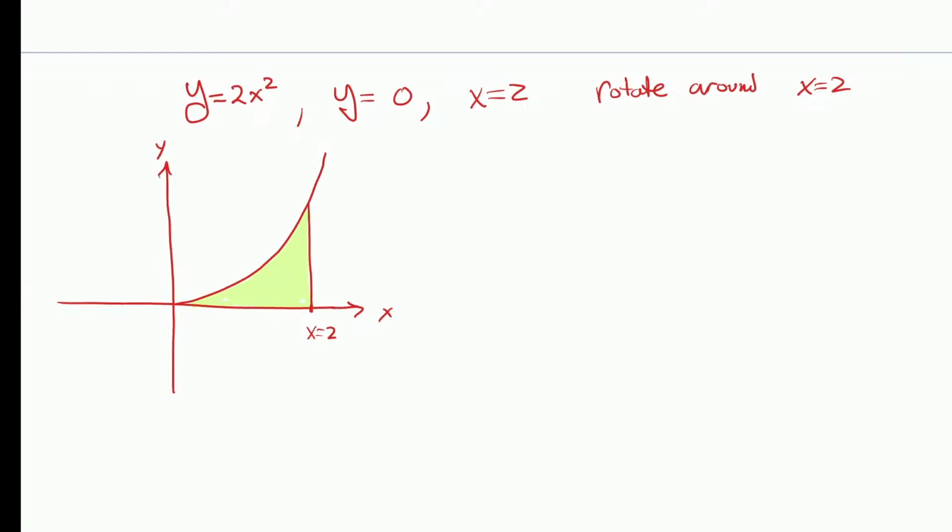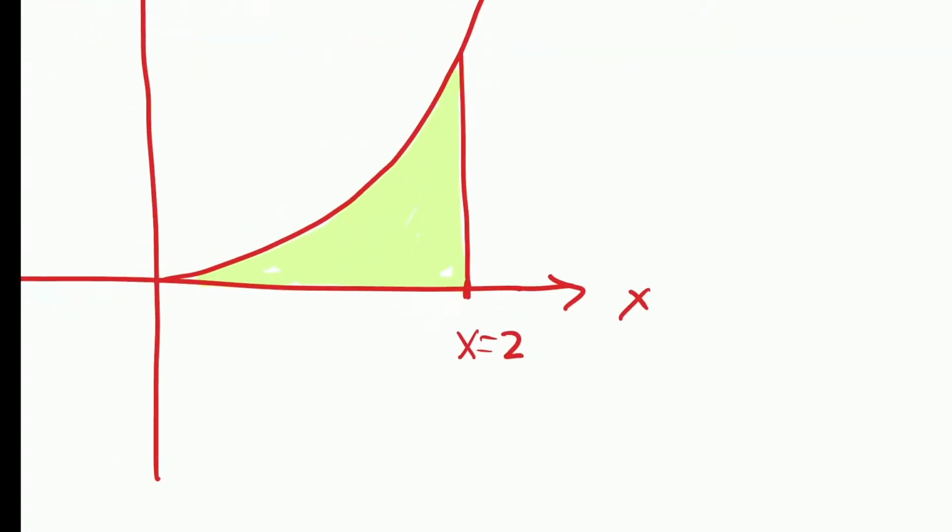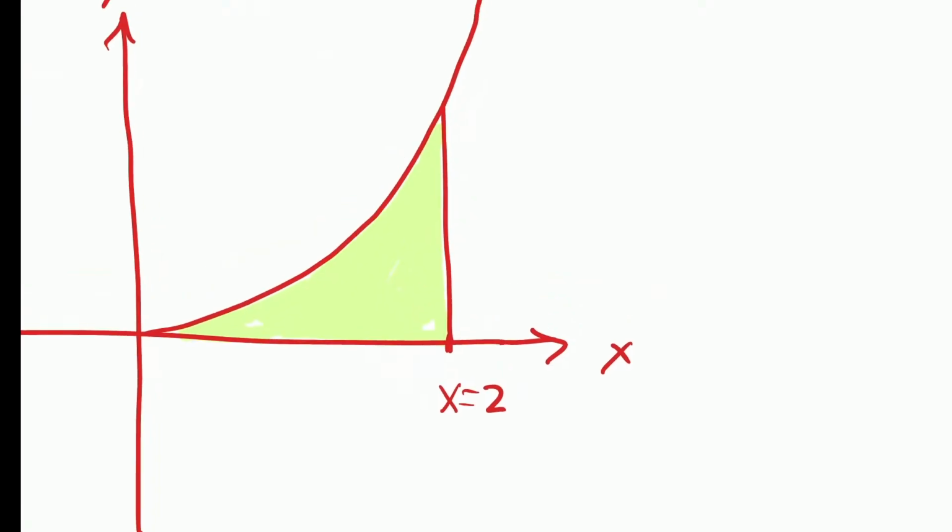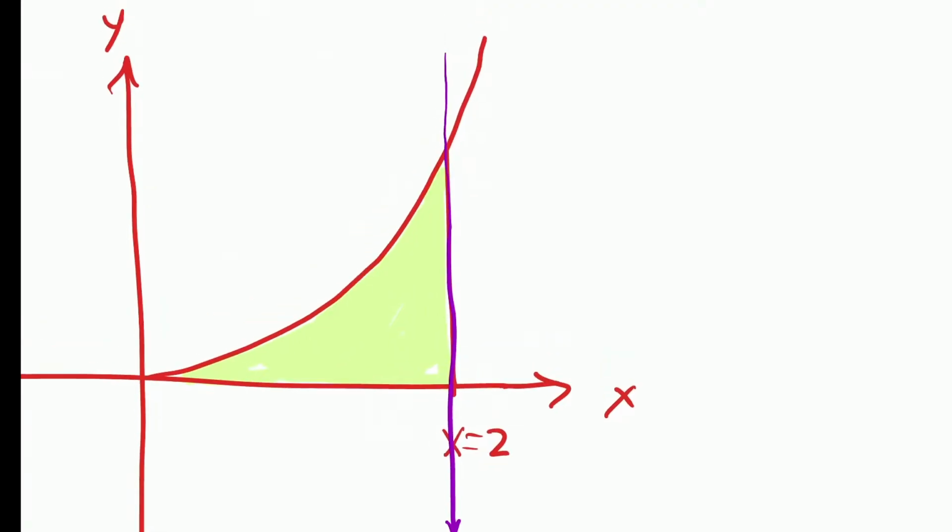Okay, so now let's talk about what this is going to look like. I'm going to rotate around the line x equals 2. So let me draw the axis of rotation here. So that's the line x equals 2, and I'm rotating around that.